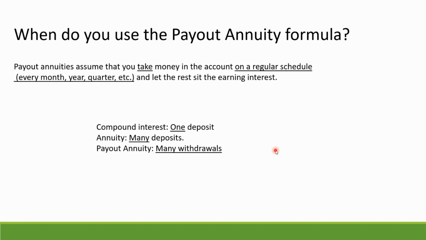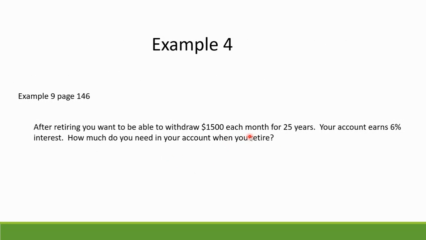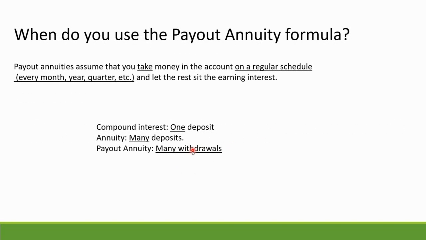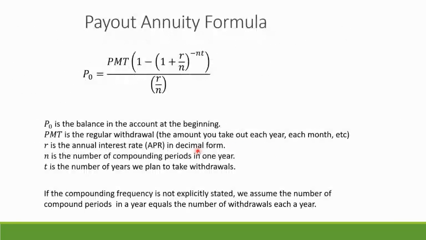Well, here we have a payout annuity. Why is that? Because we're doing many withdrawals. We're withdrawing each month for 25 years. Because of that, we have what's called a payout annuity. And when you have that, remember, this is the formula you use.